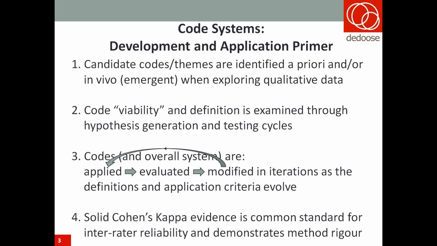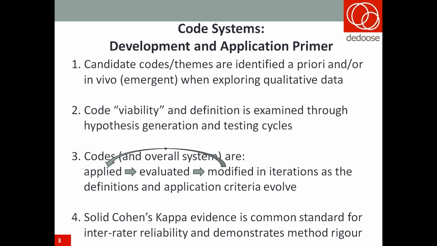It's an iterative process of, here's my idea for a valuable code, and then I go into my data and try to apply it, evaluate how useful it is to me, and then perhaps modify my application criteria. So what does a particular code mean? What are my criteria for necessary and sufficient conditions within the qualitative data themselves to apply those codes?